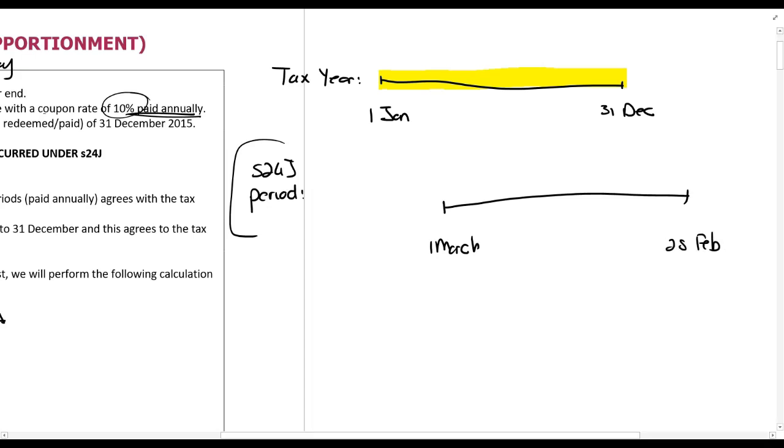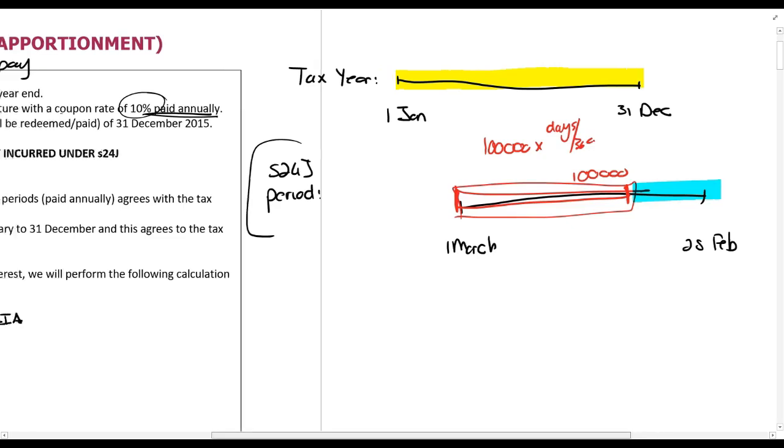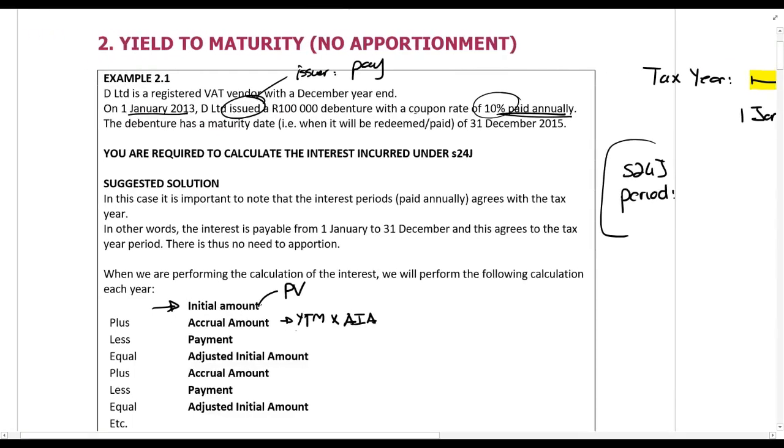If you then calculate 100,000 rands here, I want you to see that only March to December falls in this tax year. So you would have to apportion it. You'd say 100,000 times the number of days over 365 that this period was. So only that period will fall in this tax year. The period from January to February will fall in the next tax year. So that's why it's important for you to see if section 24J and your period agrees. In this case they do.